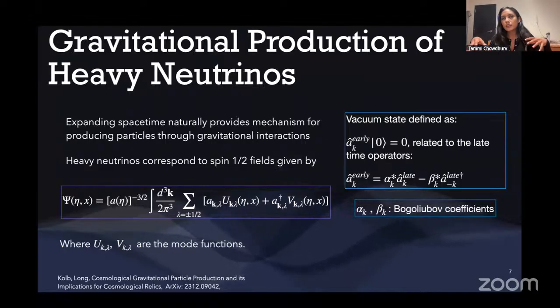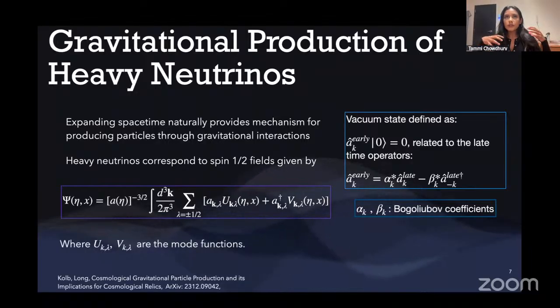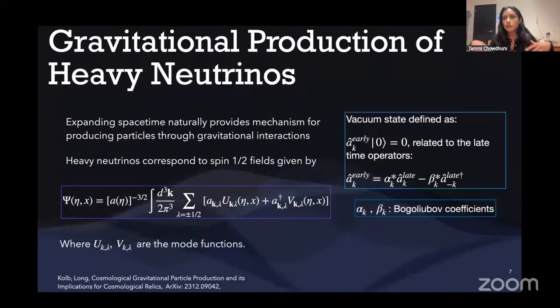And to connect these two, we use these Bogoliubov coefficients, alpha and beta. Due to the expanding space-time, you get a mixing of the positive and negative frequencies. And this produces particles just through the curved space-time, the geometry of that.